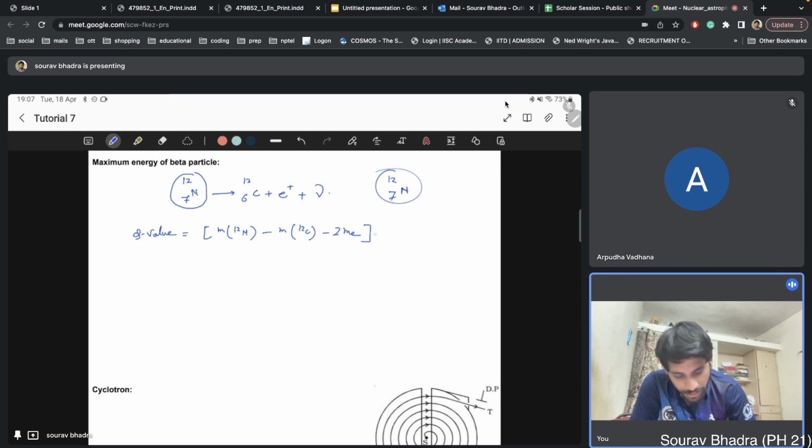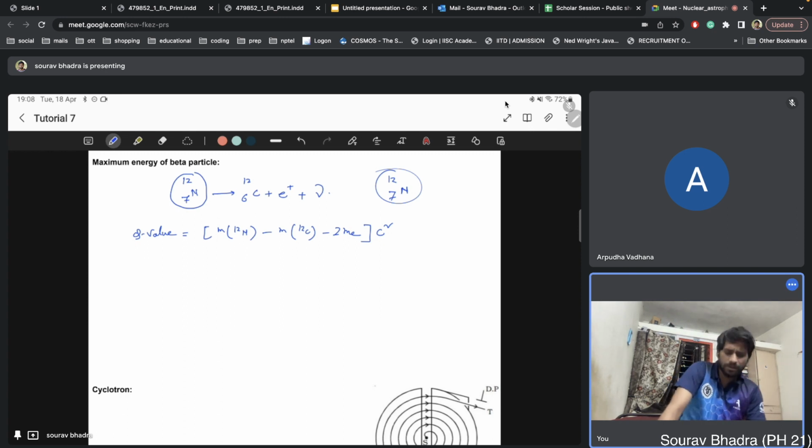I have shown you how to calculate the beta plus decay Q value, that I have already done. Q beta plus, yes, this is the equation. If you go to my first or second tutorial, you can find I have calculated the Q value of beta plus, beta minus, everything, and it will be like this.